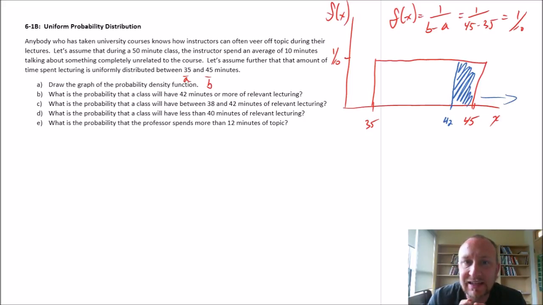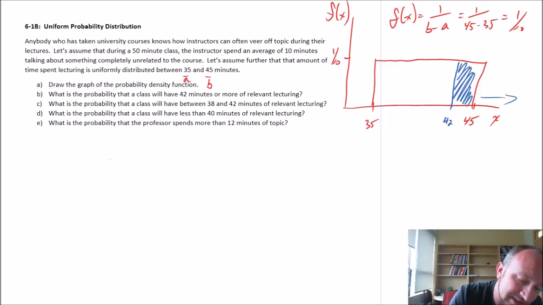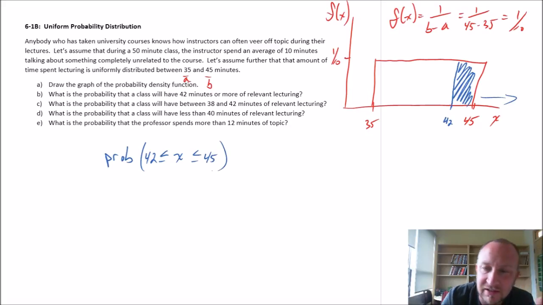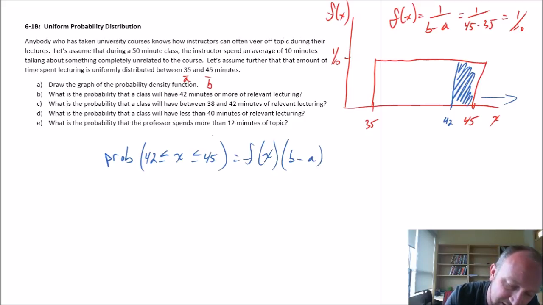So saying 42 minutes or more is just like asking what's the probability that x is greater than or equal to 42 and less than or equal to 45, because 45 is the maximum value that exists within this distribution. So this can be obtained by calculating f of x times the width of that interval, b minus a. In this case, b is 45, a is 42.